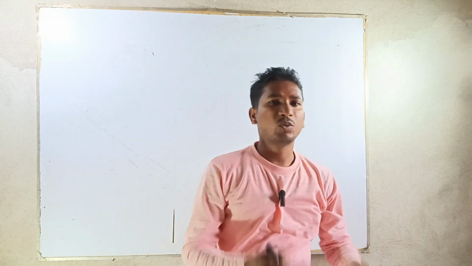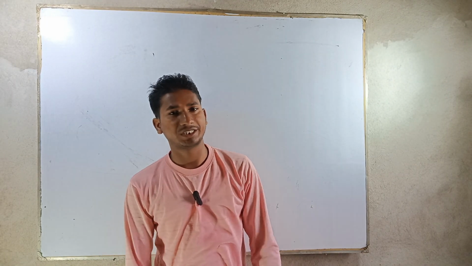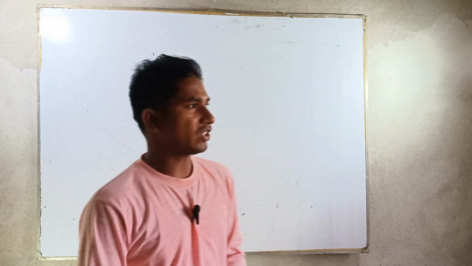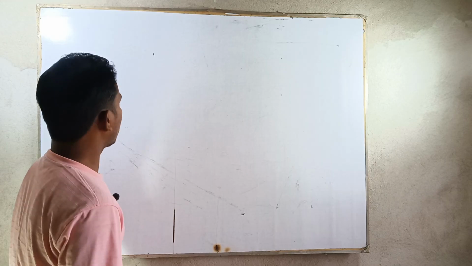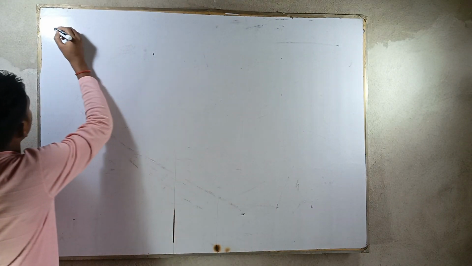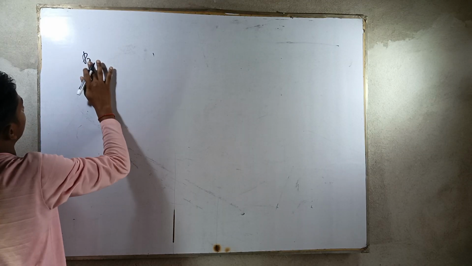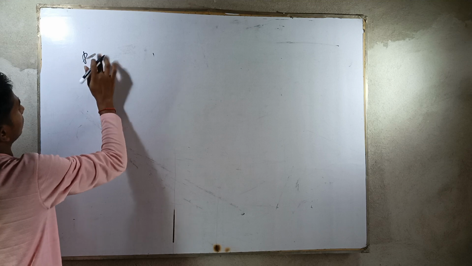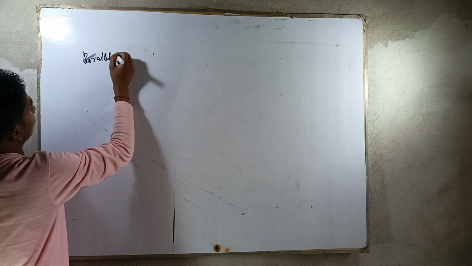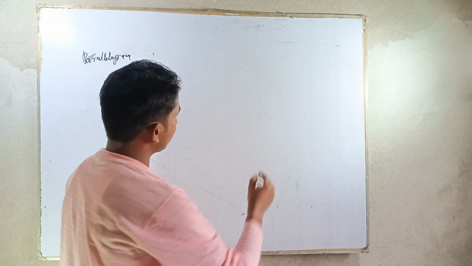So in this class, we'll discuss types of quadrilaterals. How many types of quadrilaterals there are, we will discuss. First, I need to know about the area of a parallelogram.